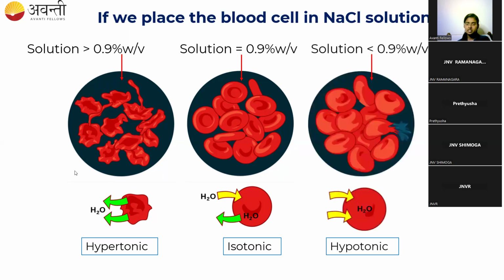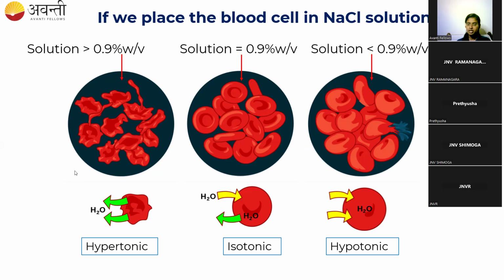The third case is if the concentration is less than 0.9 percent. Then the water which is present in the solution will come into the blood cell, and the blood cell will bulge out like this. We call that type of solution hypotonic.